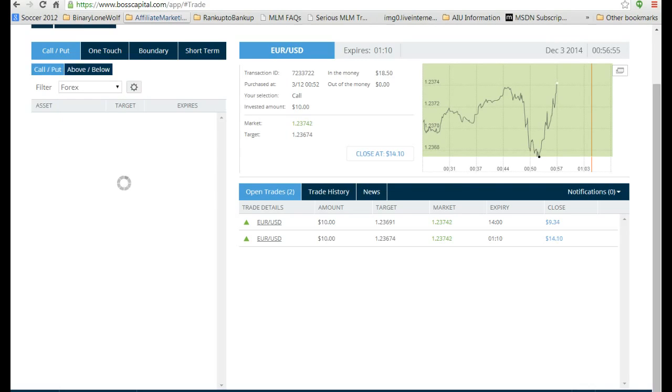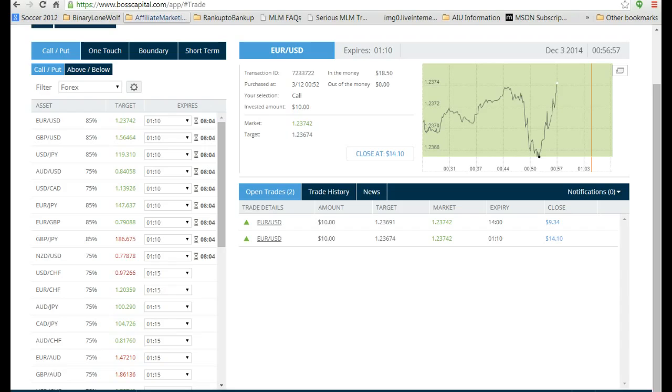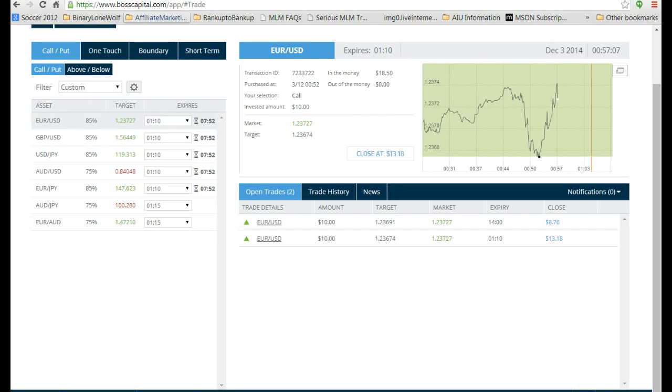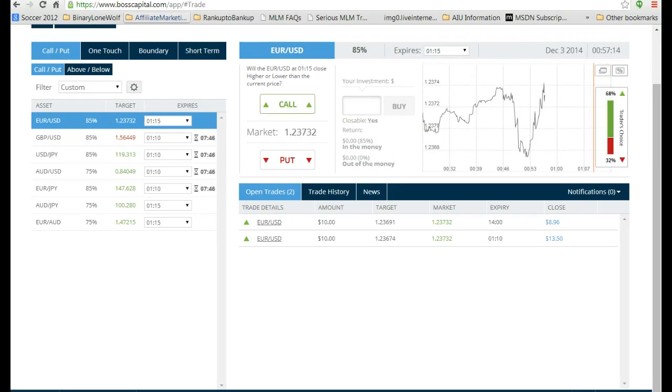But that's pretty much trading on Boss Capital in a nutshell. Always double check if you're doing a call or put, which is the longer expiration times. Always make sure that you are double checking the time expiration that you want. You click on the asset, you decide if you're going to do a call or a put, you enter your dollar amount. Boss does allow odd dollar cents, so you don't have to do full rounded dollars.